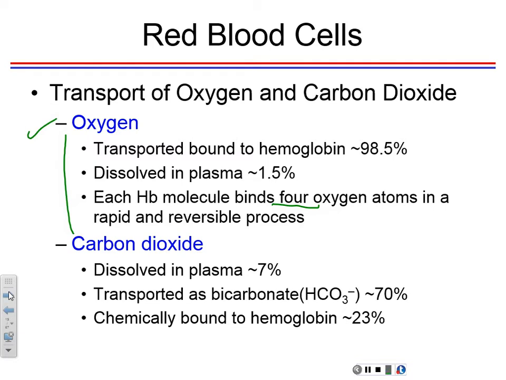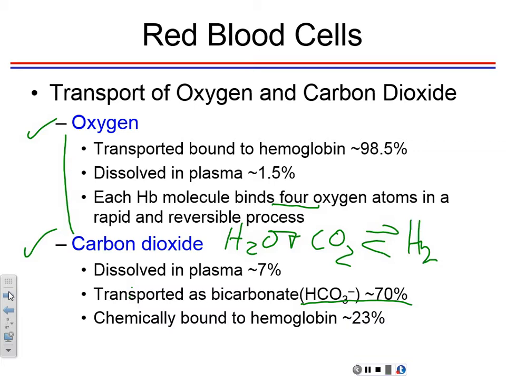So carbon dioxide is transported 3 ways. It's dissolved in plasma, and in the module you had to rank them in order of which one is the most transported. The most transported is bicarbonate ions, because of this reaction here, which is a reversible reaction, and that's a reversible reaction again into H plus plus HCO3 minus.